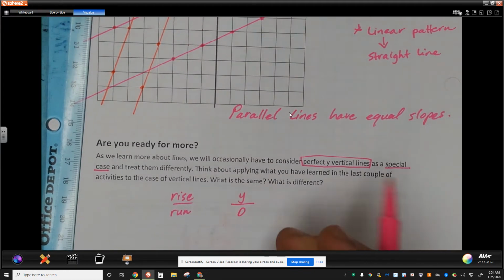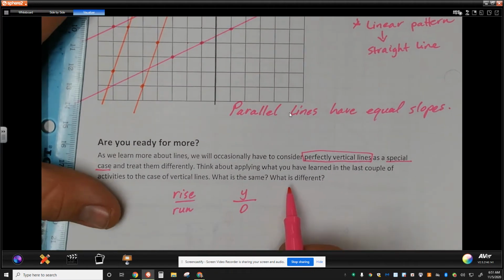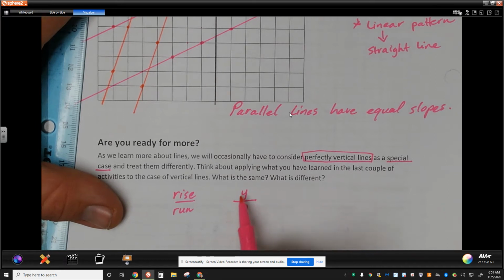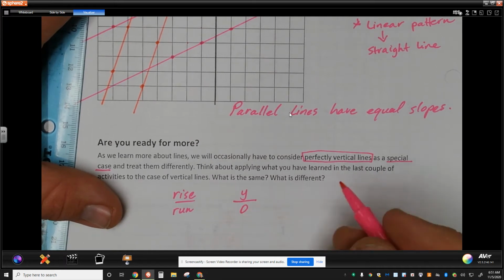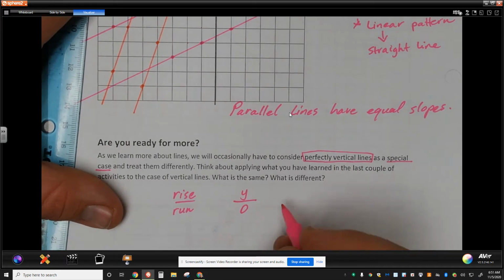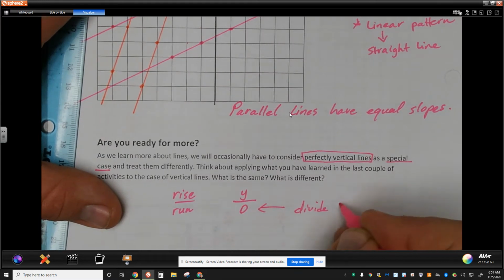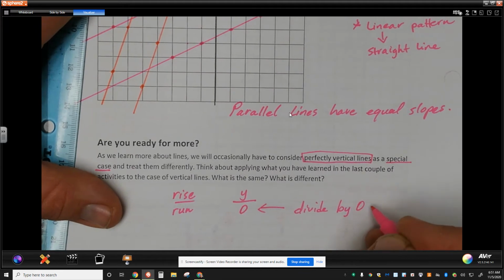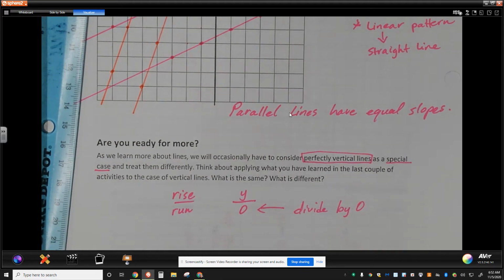The lines continue on, they're linear, but what's different is that my ratio here is always divided by 0. There's something very special about the fact that when I divide by 0, something happens, and it's not probably what you think.